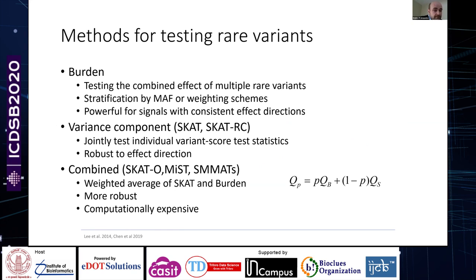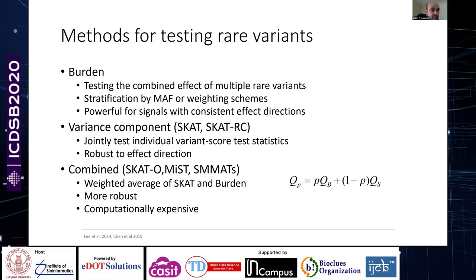There are a lot of testing strategies developed during the last 5 to 10 years, and you can classify all of them into 3 categories. First, burden tests: as the name states, you test the burden of multiple variants.